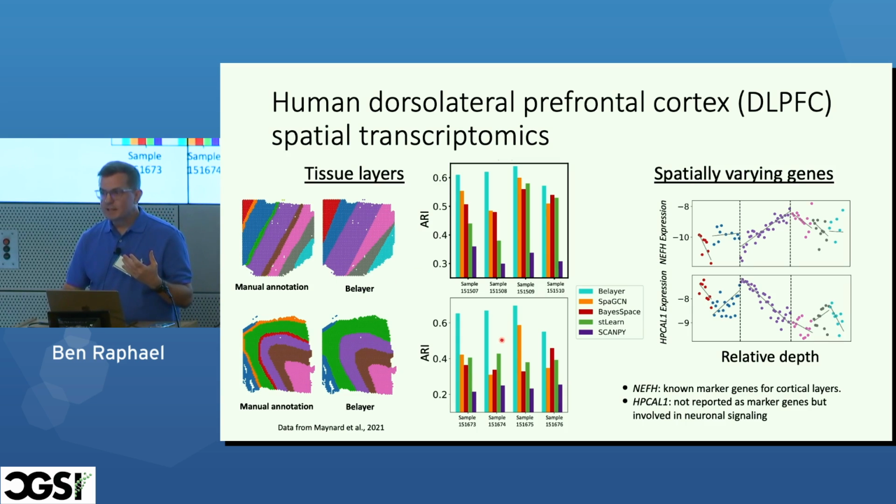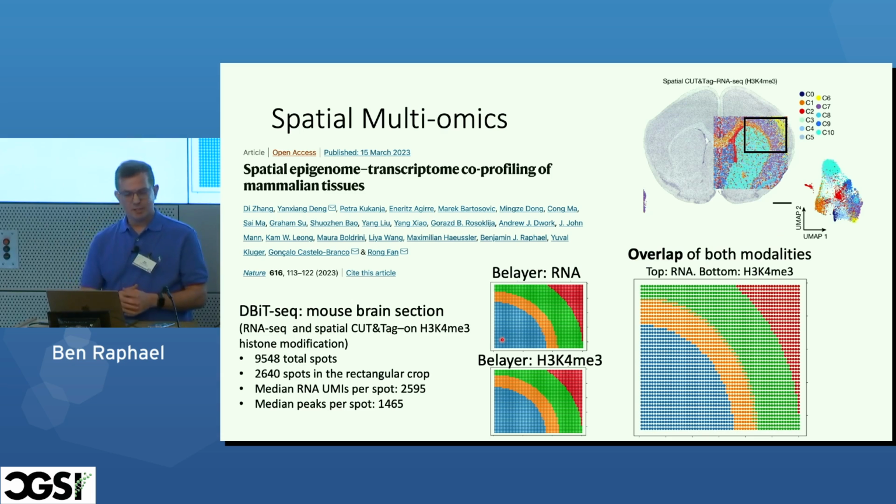We've recently extended this beyond spatial transcriptomics to newer spatial multi-omics technologies. Rong Fan, who's at Yale, happened to be visiting one time and started showing me this beautiful data he had from his spatial CUT&Tag and RNA combined, so spatial multi-omics. And I said, oh my gosh, let me show you this method we have for finding layered structures.